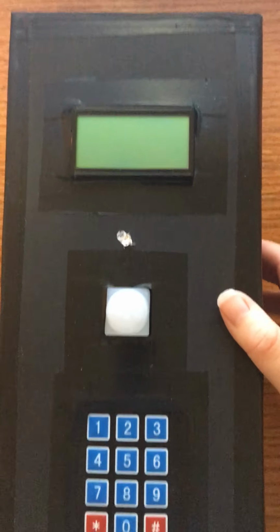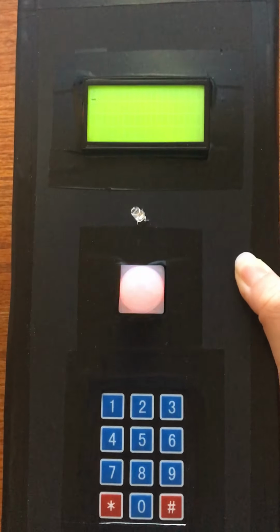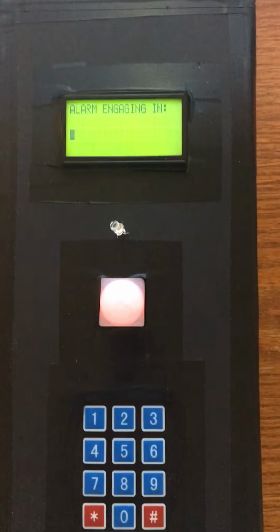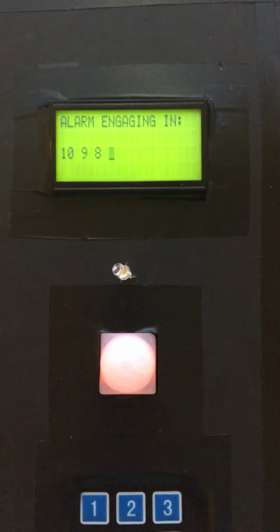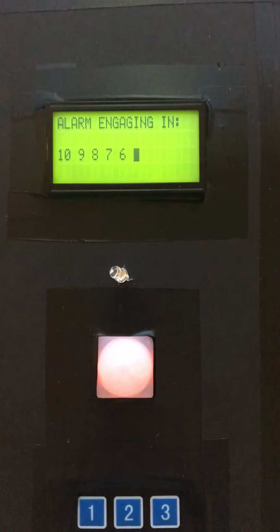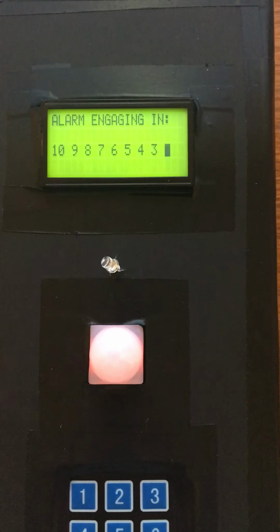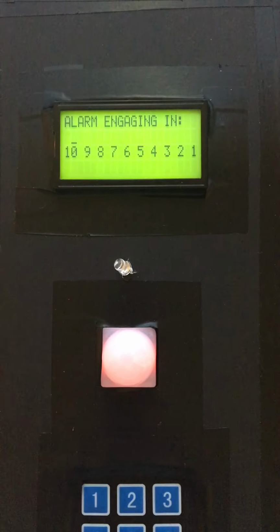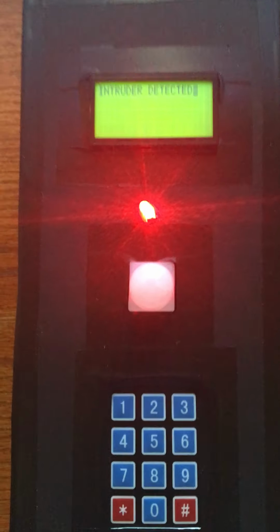So, if I turn on the alarm system, it initializes to this screen. And since it has detected my motion, it goes to the intruder detected phase.